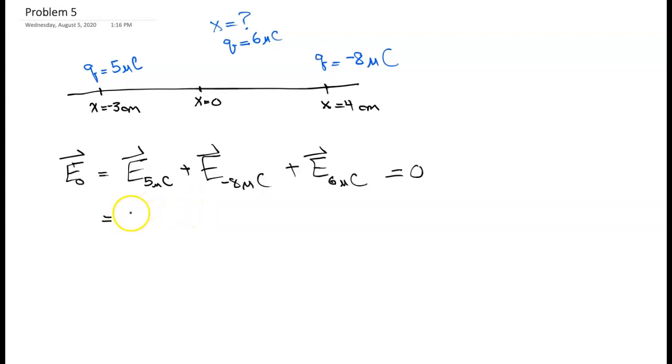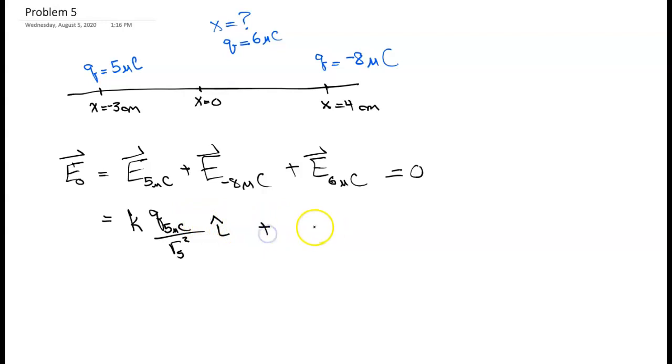So we will say that the electric field is K times the charge contributing to the field over the distance of that charge to the location required, squared. And let's say this is the positive i direction.